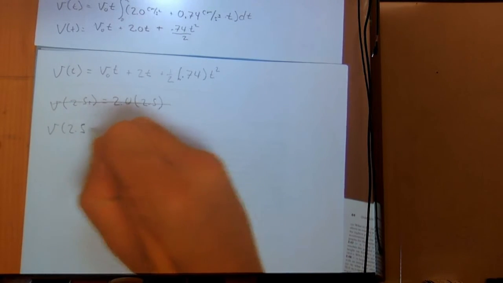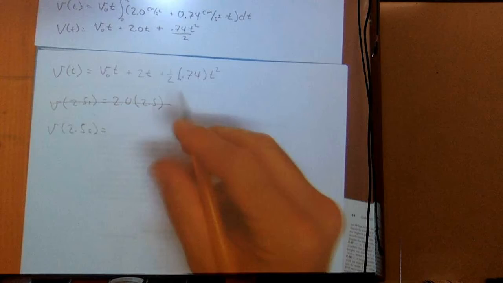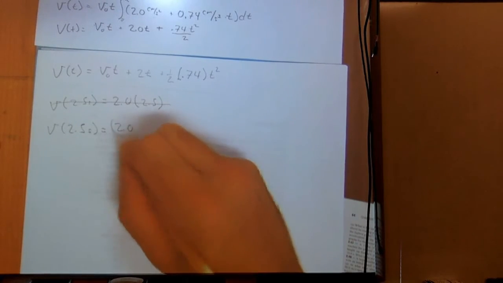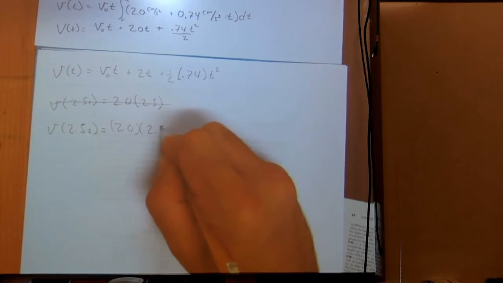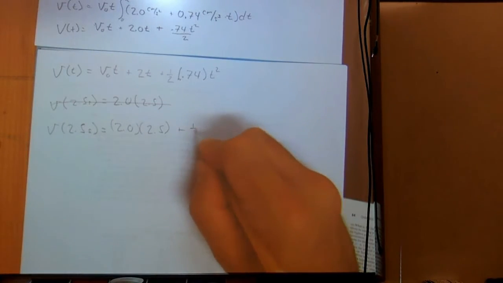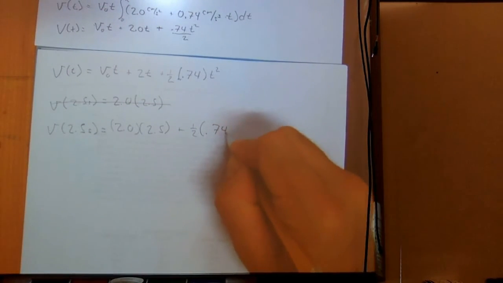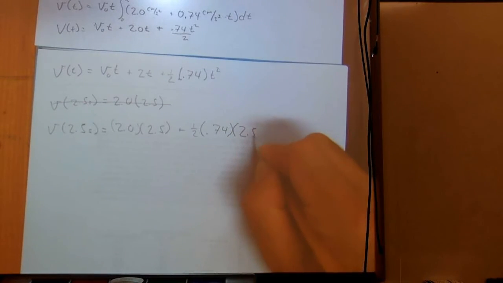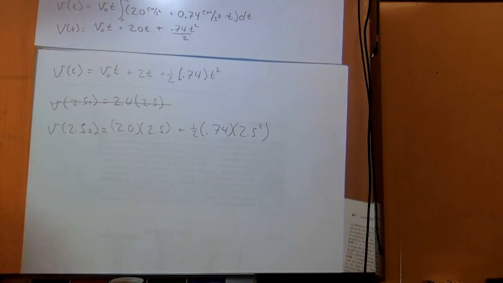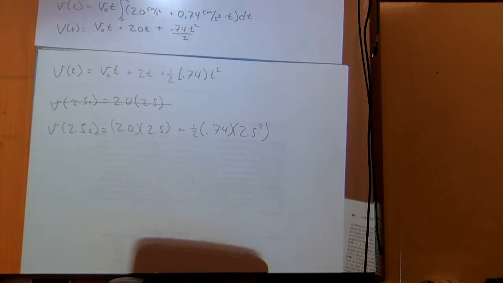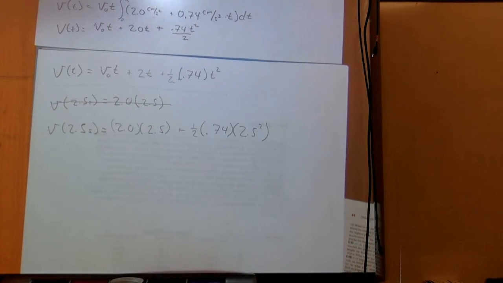Velocity at 2.5 seconds is equal to 2.0 times t, 2.5, plus 1/2 times 0.74 times 2.5 squared. That looks right to me. Throw that into my calculator: 2 times 2.5 plus 1/2 times 0.74 times 2.5 squared.